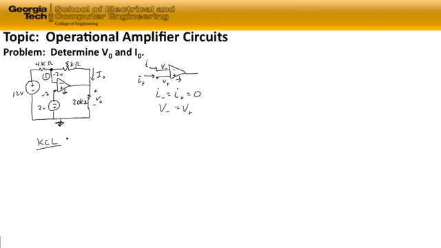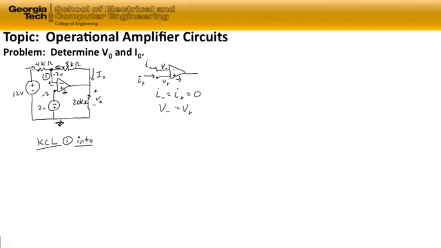So we're going to do Kirchhoff's current law at node 1, and we're going to sum the currents into node 1: the current through the 4 kilo ohm resistor, through the 8 kilo ohm resistor, and also this current, which we know is 0, flowing out of the op-amp into that node.